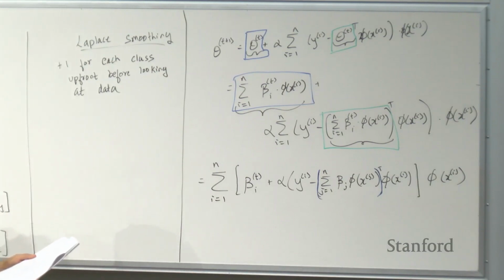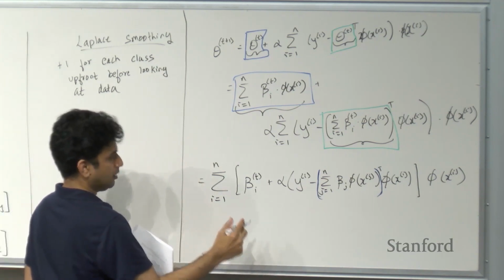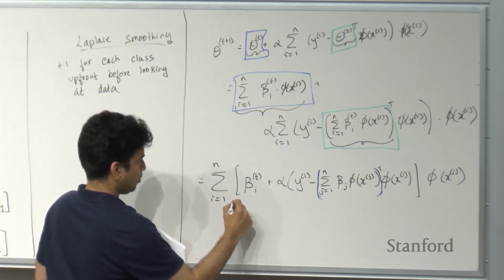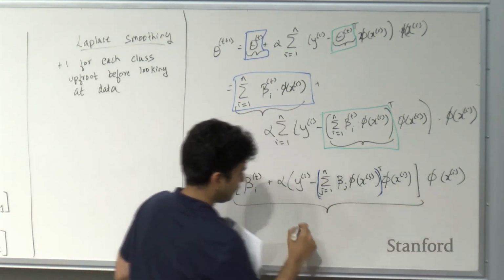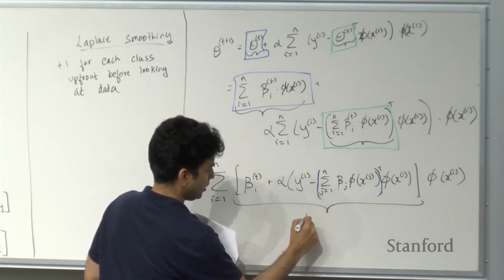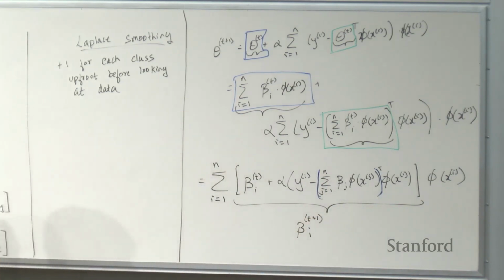Right? So what we see is that now theta of t plus 1 can be represented as, again, a linear combination of phi's where each of these is beta t plus 1 of i. Right? What happened just now?